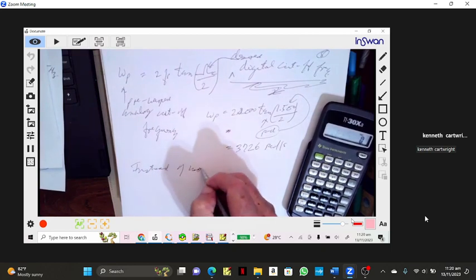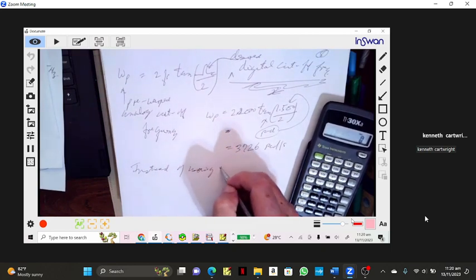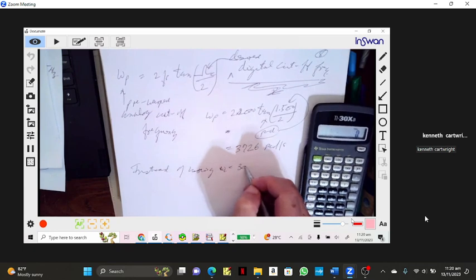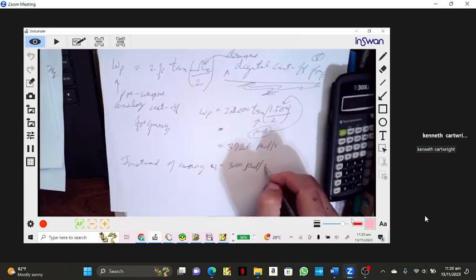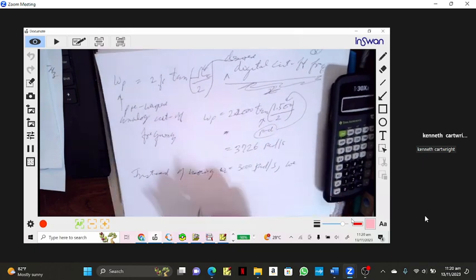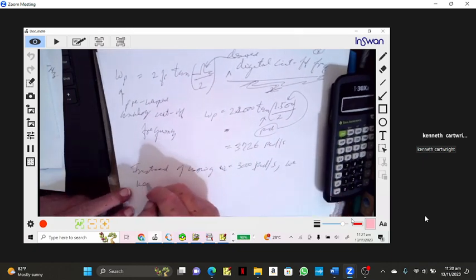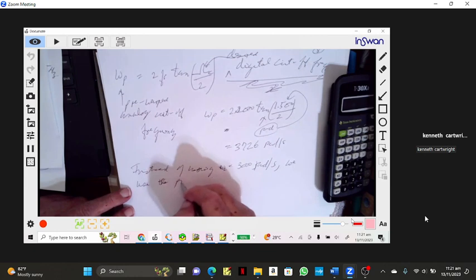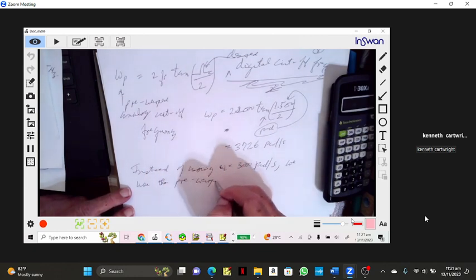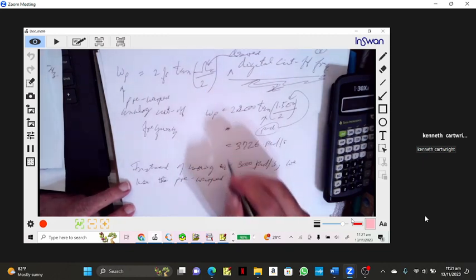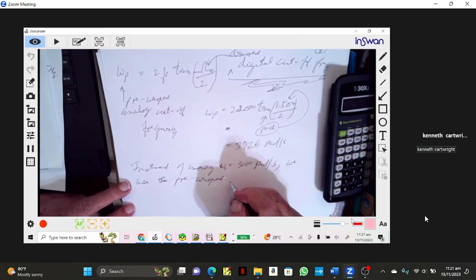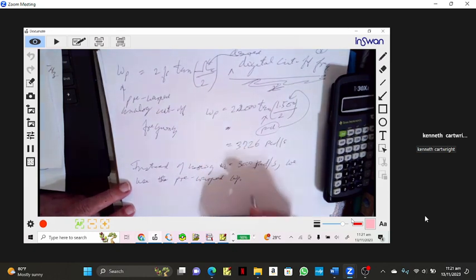So instead of using omega c equals 3,000 rads per second, we use the pre-warped. We call it up here omega p. Omega p equals 3726.